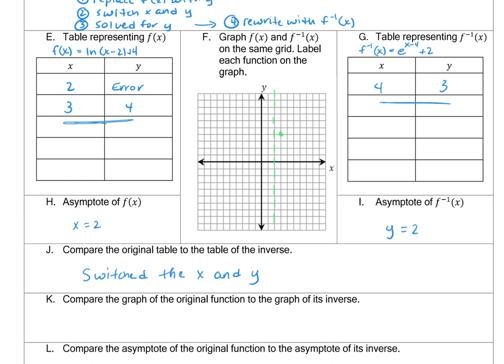All right, and then the other one is y equals 2. And that graph is going to be 4, 3.